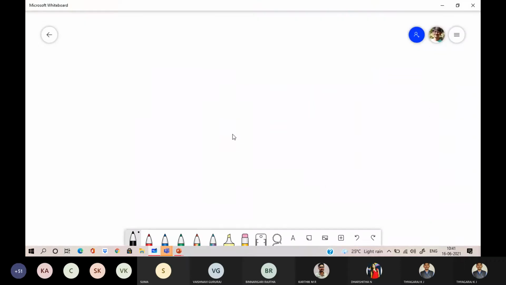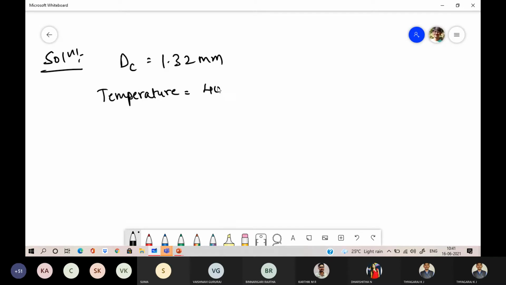So we'll go to the problem. What is the data they have given? What is the characteristic deflection they have given? 1.32 mm. And what is the temperature they have given? 40 degrees Celsius.